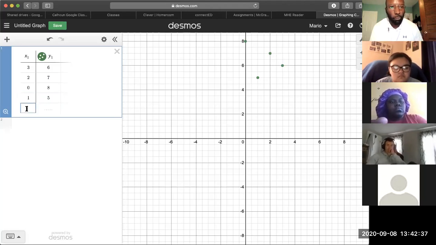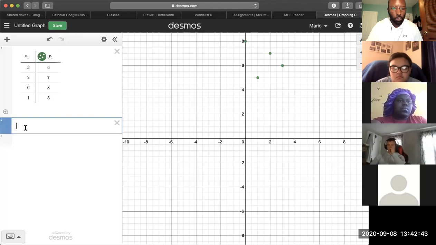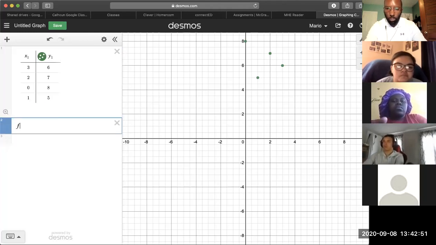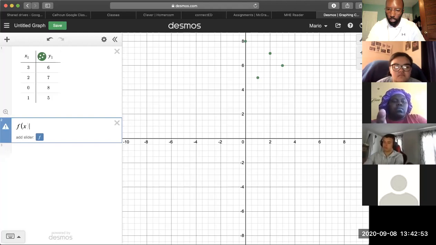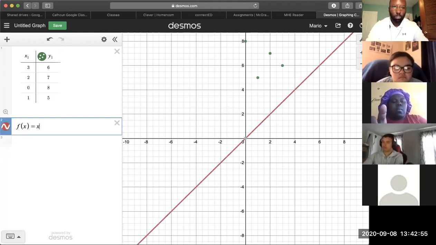So we can model functions with points. I heard someone say you could use graphs. Yes, quite often we will use graphs. f of x equals x is an example of a function.